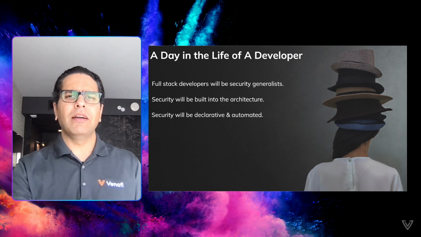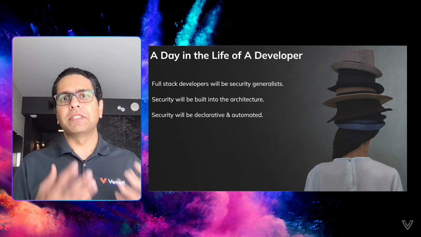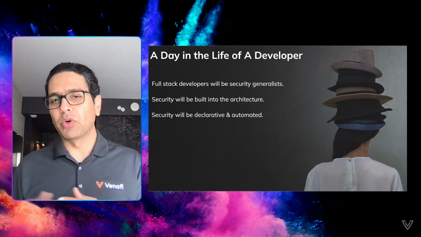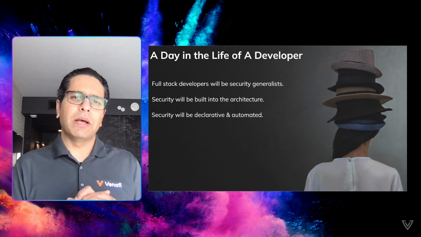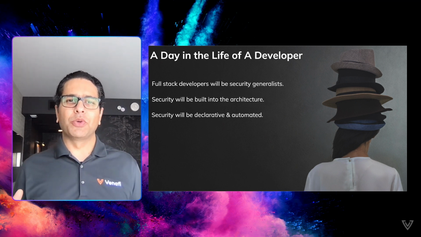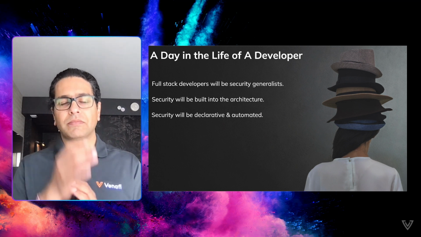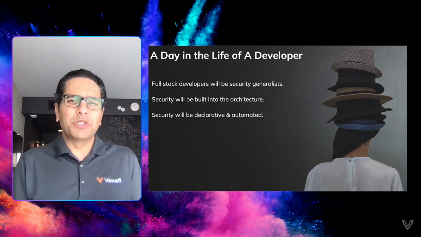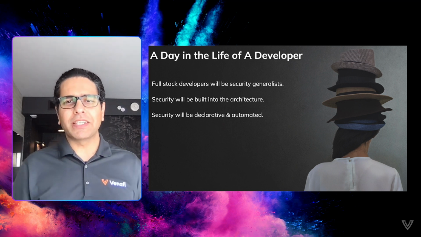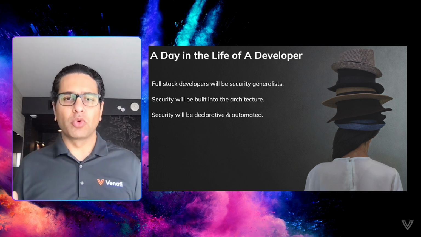Now, we begin our story by visualizing a day in the life of a security-minded developer, somebody we spoke about a minute ago. They know just enough about many important aspects of security to be able to build security into their architecture. Their architecture includes components that bring business logic, and there's a ton of configuration and declarative programming that is a part of their architectures.